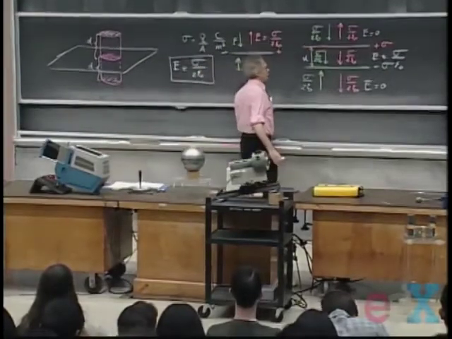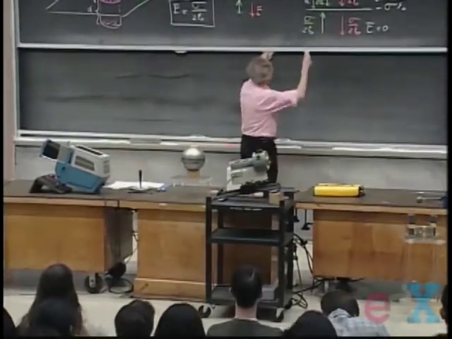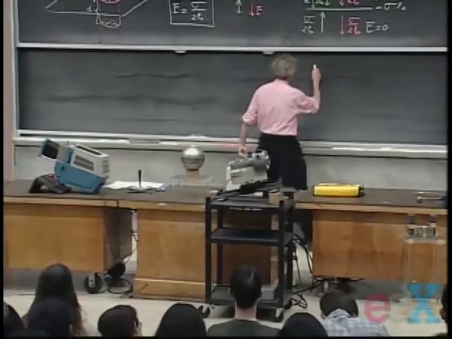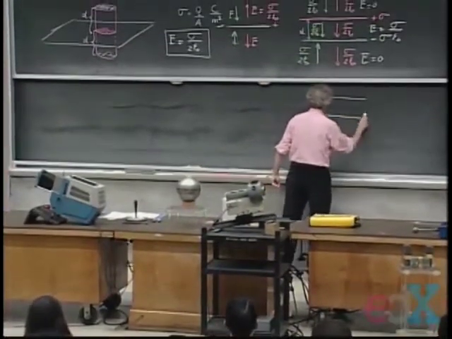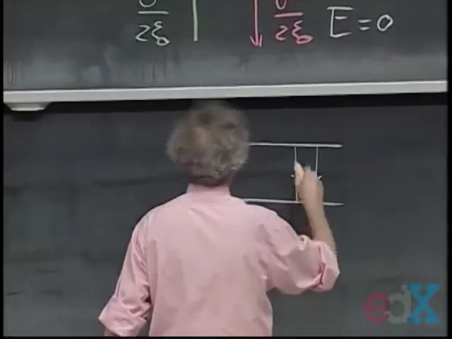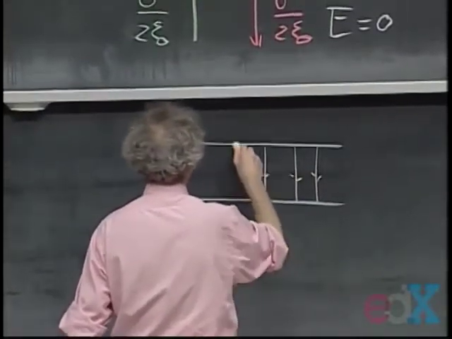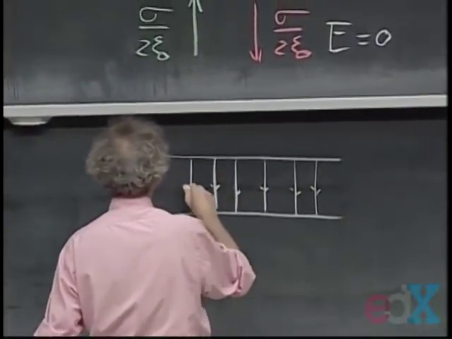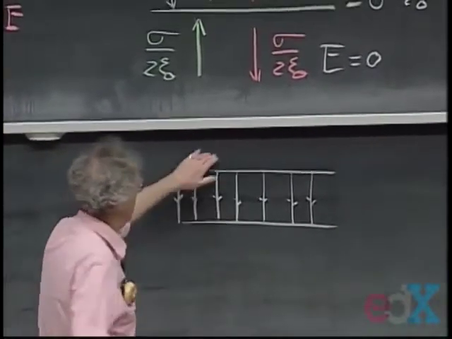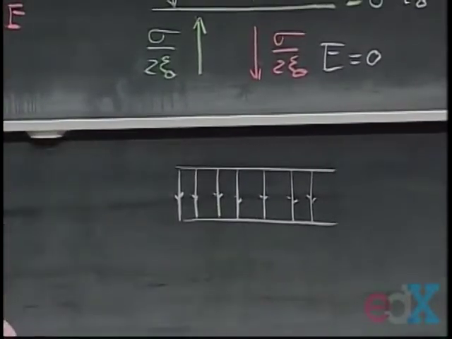And so if I have to draw the field lines in a situation like this, then the field lines would be like so, if the upper plate is positive, and the field in here would be the same everywhere, and outside 0 and outside 0 here.